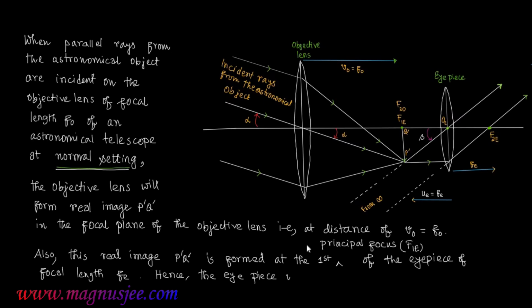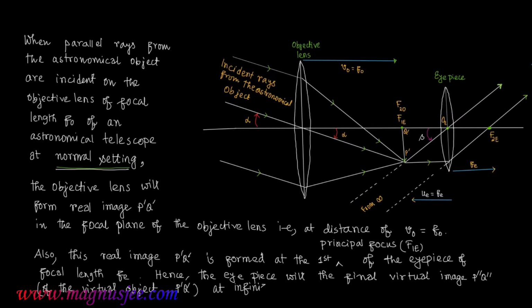Hence, the eyepiece will form the final virtual image P double prime Q double prime of the virtual object P prime Q prime at infinity.